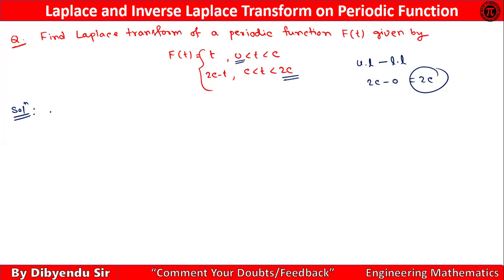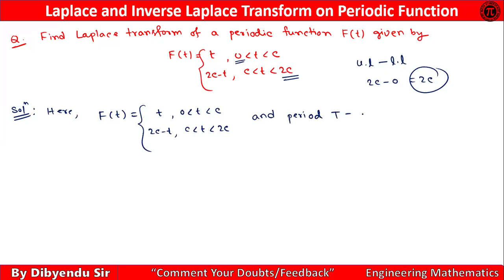So you can write here f of t equals t when 0 less than t less than c, 2c minus t when c less than t less than 2c. This is our given function, and period capital T equals 2c.